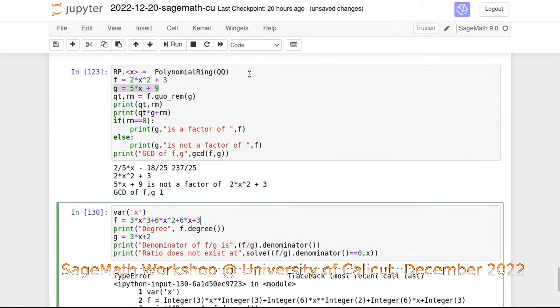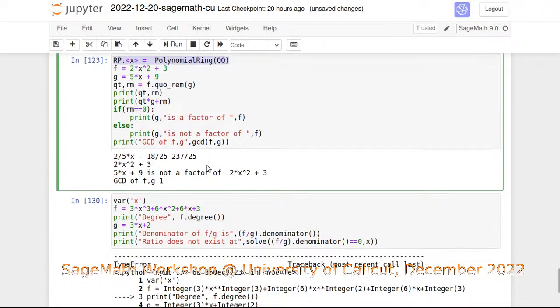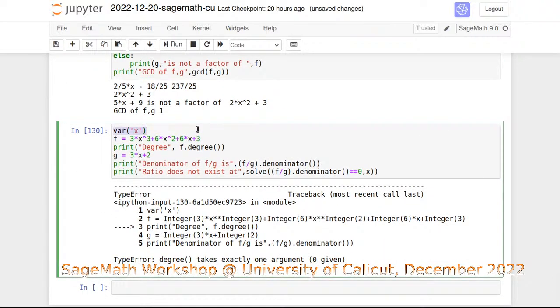Because we have defined it to be over this, the solve is not working. Okay, solve f by g.